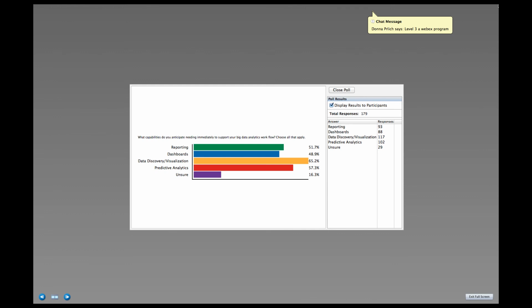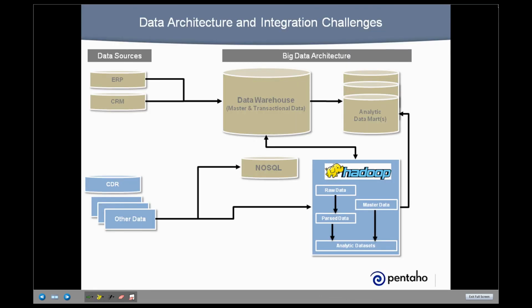Again, not a surprise, but traditional reporting and dashboards will also be a key factor, and that is in line with what we see. A lot of those data discovery elements are things that you want to bring back to people in very easy, accessible formats. And reports and dashboards are still the easiest ones that people can access.